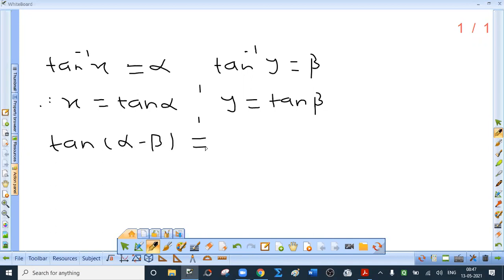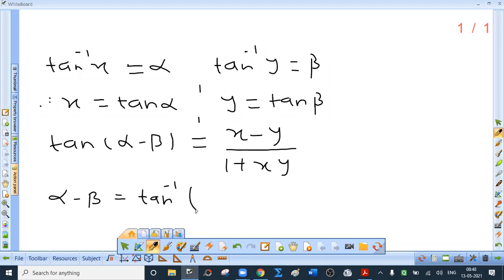Every time we have to take care of the domain and range of the function. Tan alpha minus tan beta upon 1 plus tan alpha tan beta, so I write x minus y upon 1 plus xy. Invert the relation. So alpha minus beta becomes tan inverse of (x minus y) upon (1 plus xy).